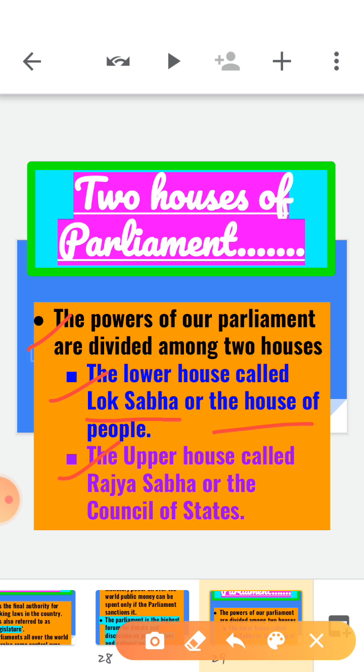Basically, they are directly elected by the people and they exercise the real power on behalf of people. That's why Lok Sabha is also called the House of People. Second, we have the upper house called Rajya Sabha, or the Council of States. Clear? This second house is usually elected indirectly and performs some special functions.